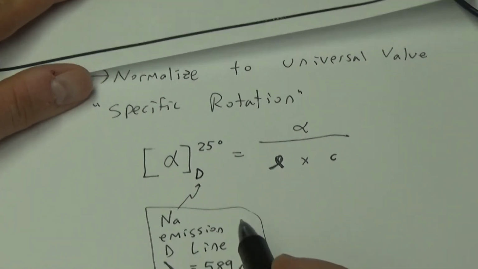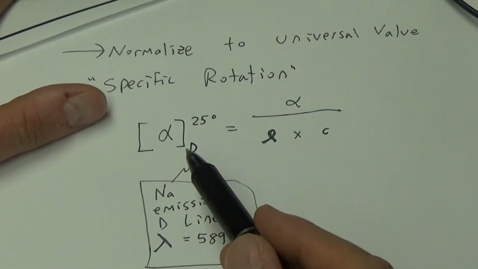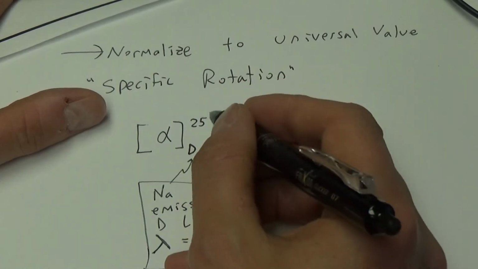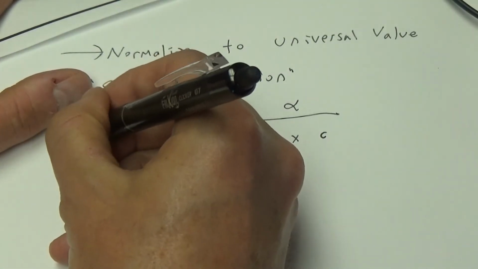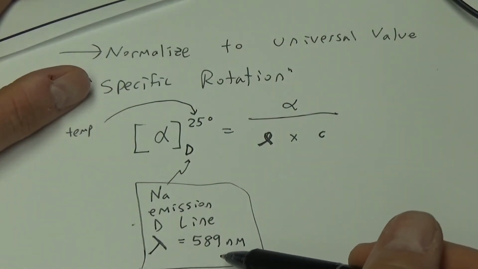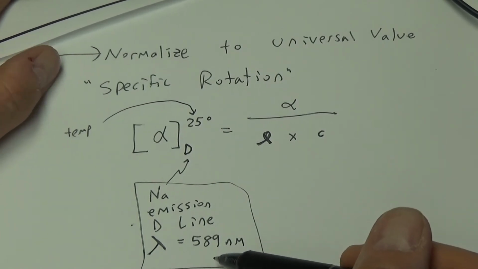That's what D means. Okay, 25, this is the temperature, 25 degrees. That's easy. We're using a very specific wavelength, and to be universal, we need to be consistent.